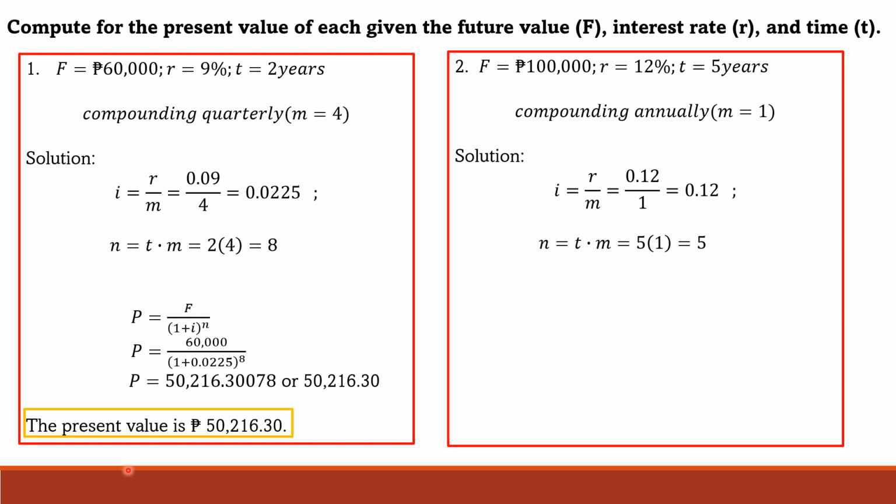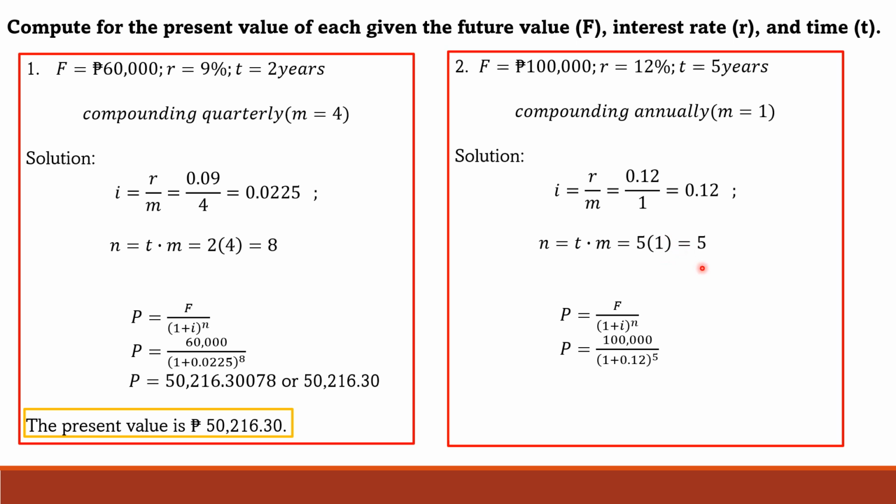Well, the value of N is equal to, our length of time is 5. 5 years times, our conversion period is 1. So, 5 times 1 is 5. Okay? Substitute to our formula, P equals F divided by 1 plus I raised to N. So, ang ating pong final amount or future value is 100,000 divided by 1 plus ang I natin is 0.12.